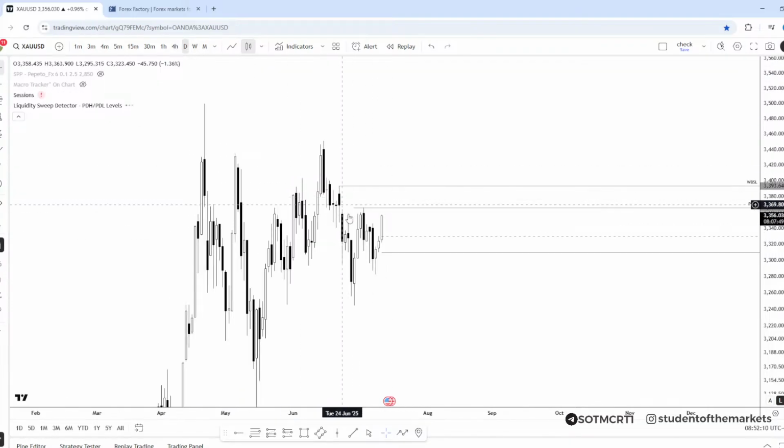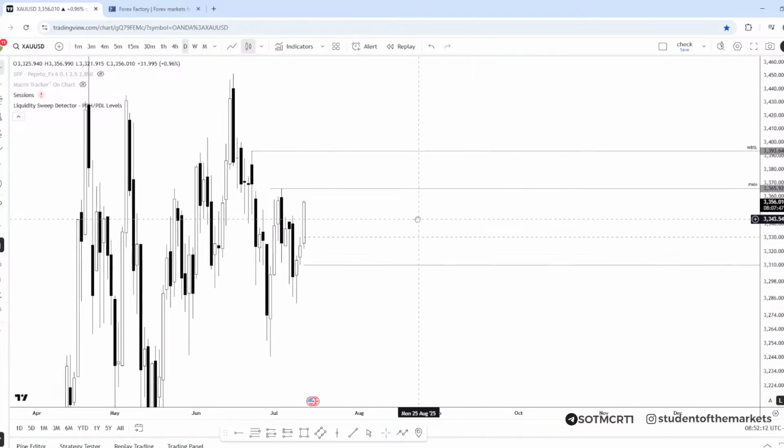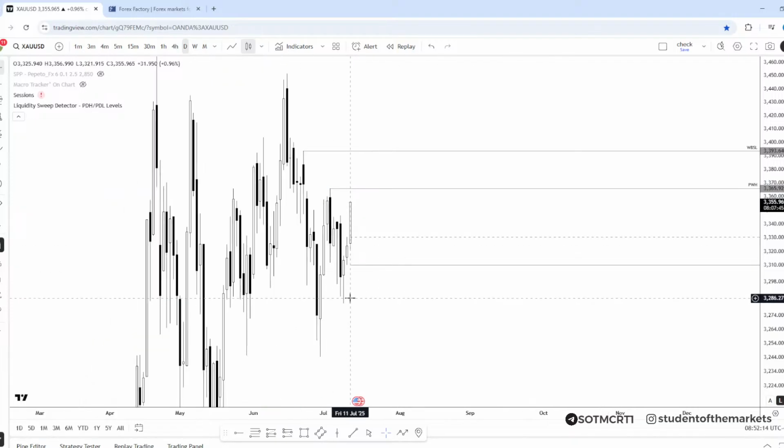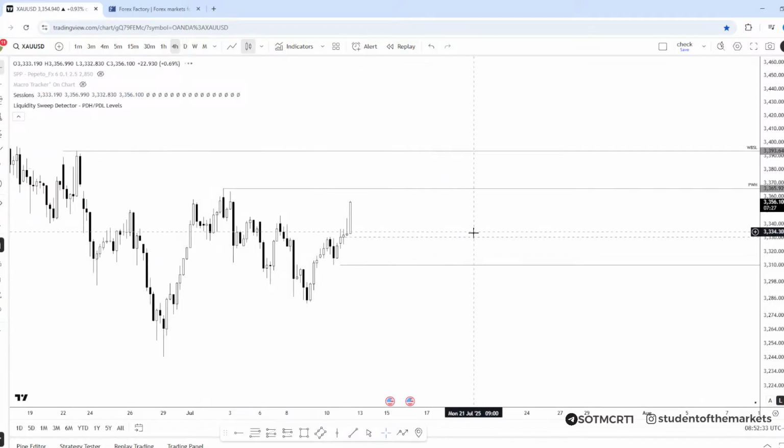Now daily time frame, as you can see, price already did sweep the buy side liquidity here, which was the CRT from range low to range high. Price did hit that, so I think that price can continue pushing to the upside a little bit more to sweep the liquidity, and then most likely look for sells.